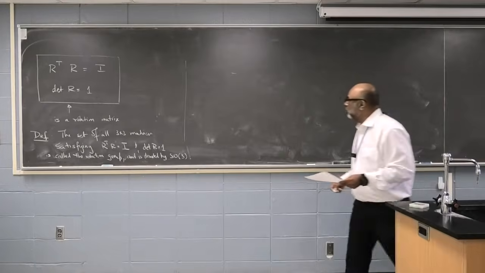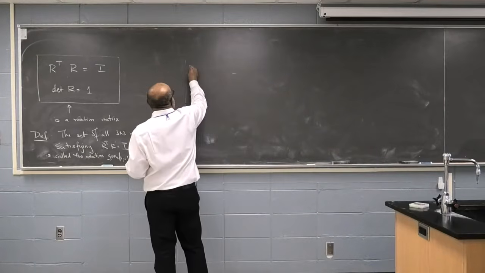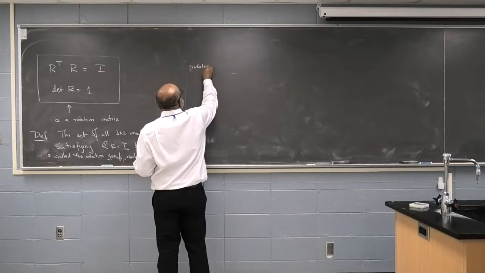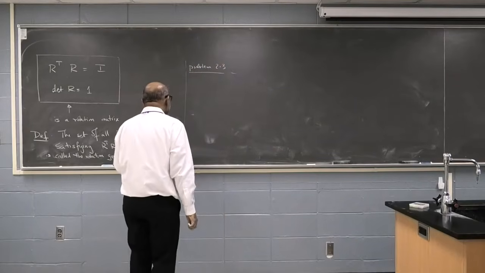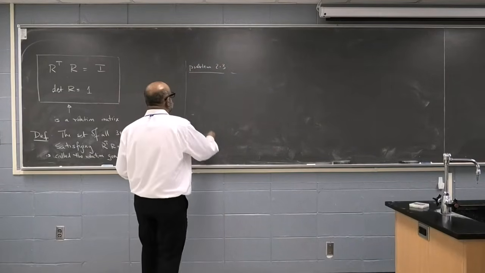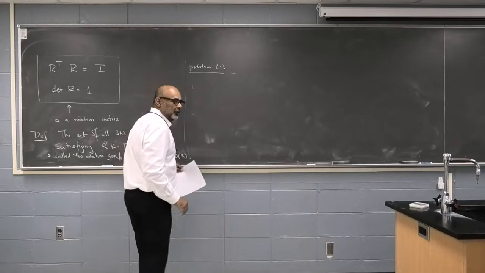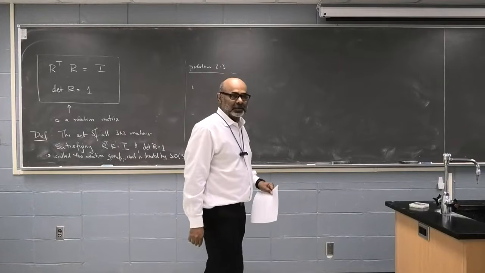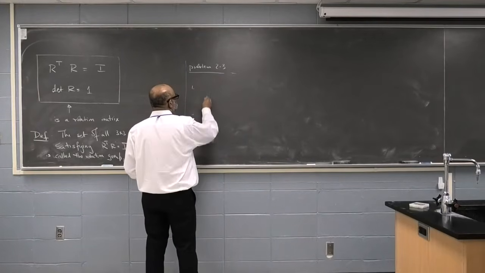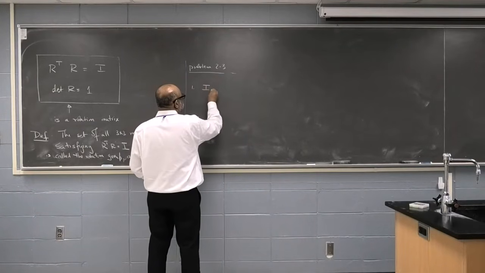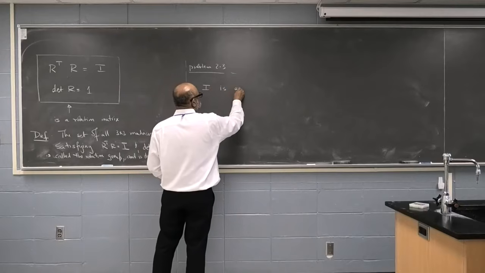So this is problem 2.3, but let me state it. You'll find the complete sentence in the notes, but I'm just giving you the basic. Show that the identity matrix is a rotation.